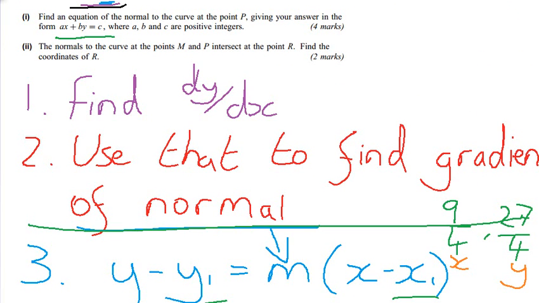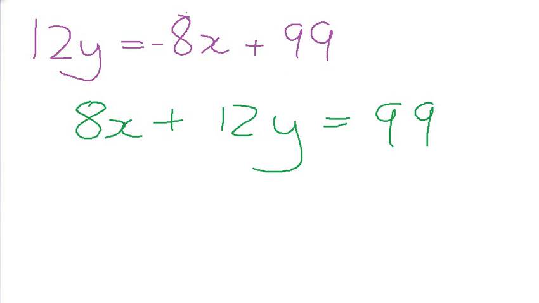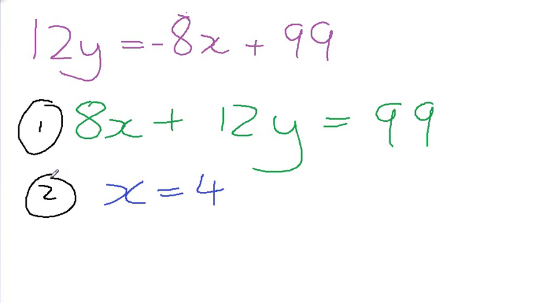So those normals intersect at the point R. So we have two lines intersecting, and we want to find out where they meet. So that, to me, sounds like simultaneous equations. So 8x plus 12y equals 99, that's our number 1, and x equals 4, that is our number 2.